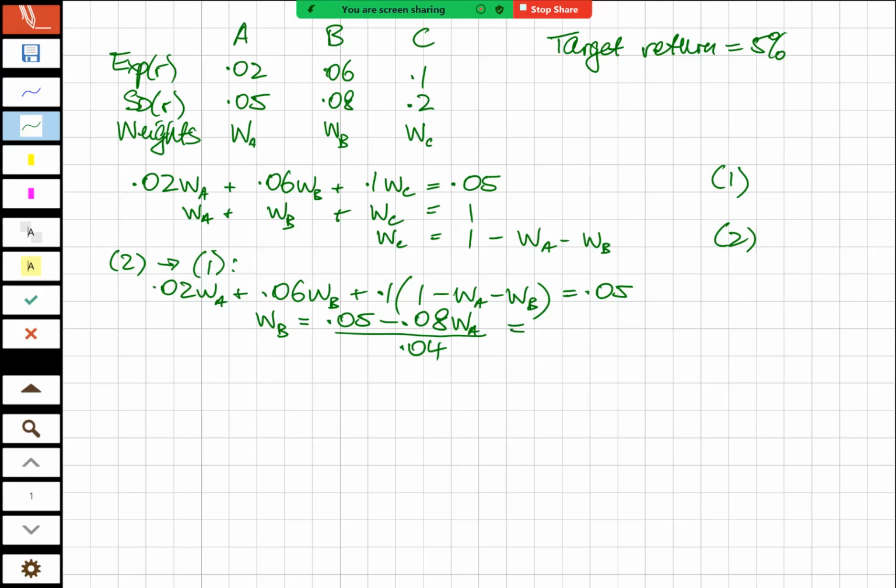We can simplify this, and that becomes 1.25 minus 2 WA. Let's call that equation 3. We can use this to get a more compact expression for WC, so let's take equation 3 and substitute that into 2.